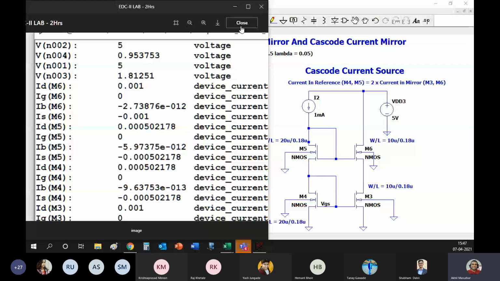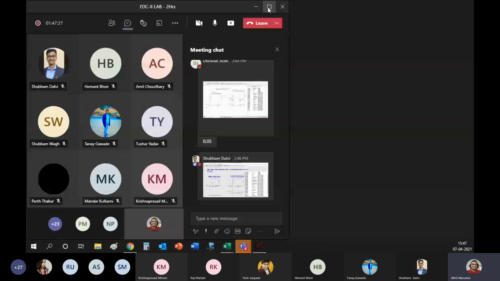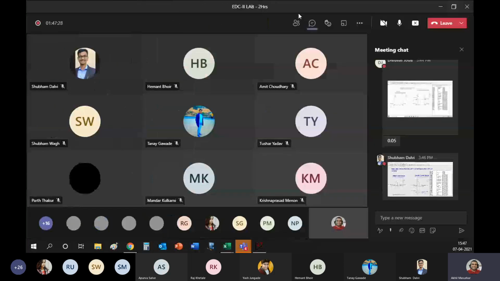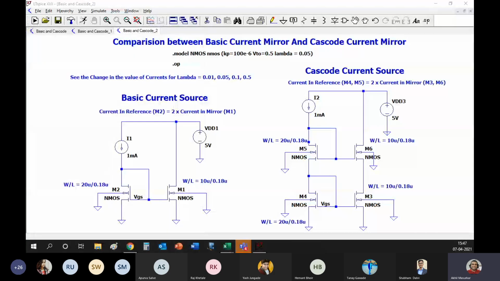Now I am going to pick one person, and that person will unmute and summarize the experiment for us. So let me pick up one person. Okay, who is KM?